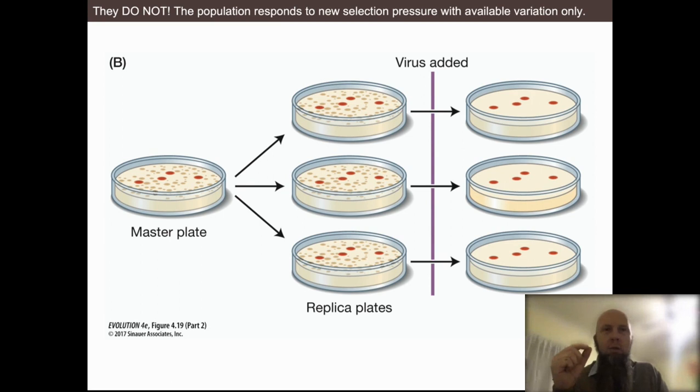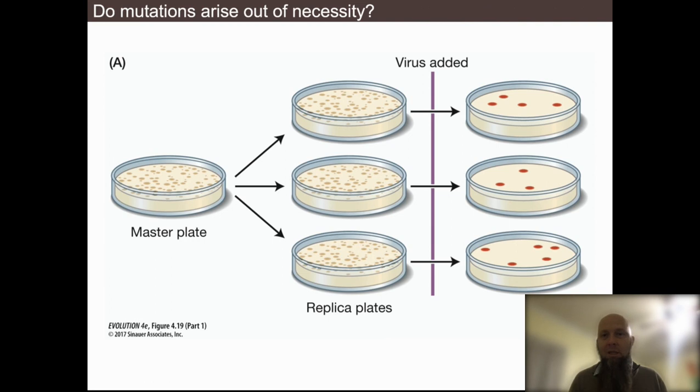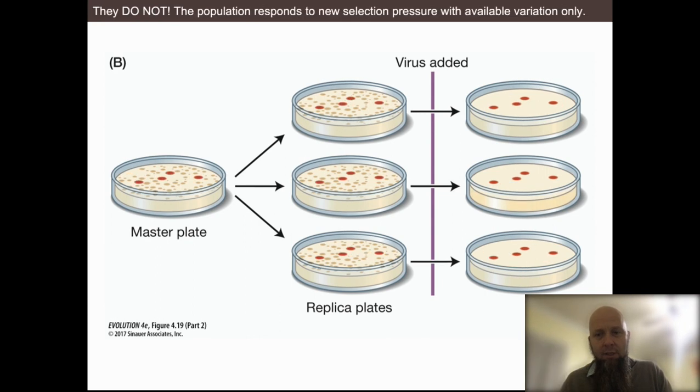What I'm trying to get across here is that this population is not responding to this virus and rapidly evolving independently on each of these plates, rapidly trying to figure out who can survive, who can fight off this virus, and it be different like it was in the previous slide. That doesn't happen. So the mutations don't arise out of necessity.